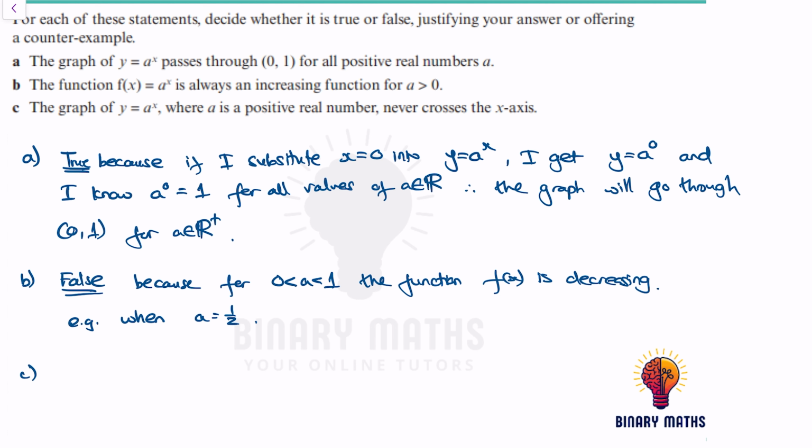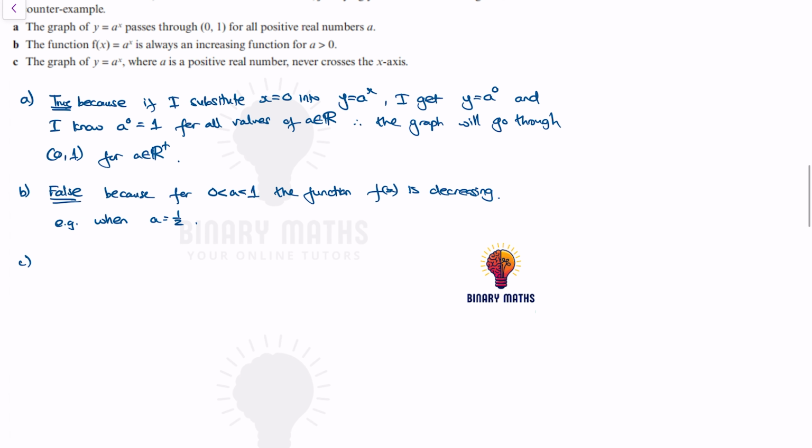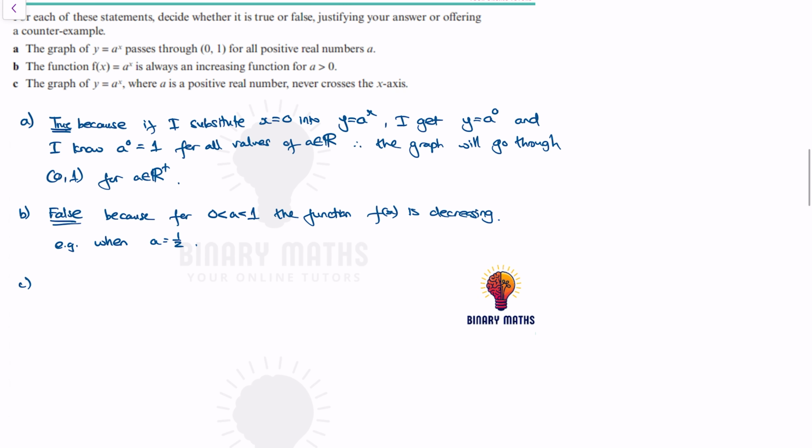Okay, C. The graph of y is equal to a to the power of x, where a is a positive real number, never crosses the x-axis. So this is true because if it crosses the x-axis, then y is equal to 0, which implies that 0 would be equal to a to the power of x.